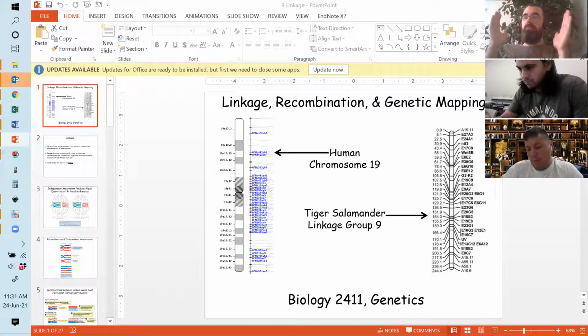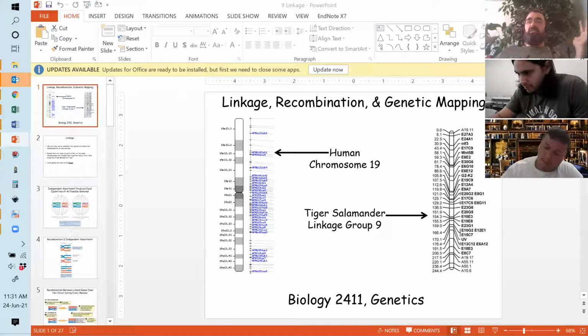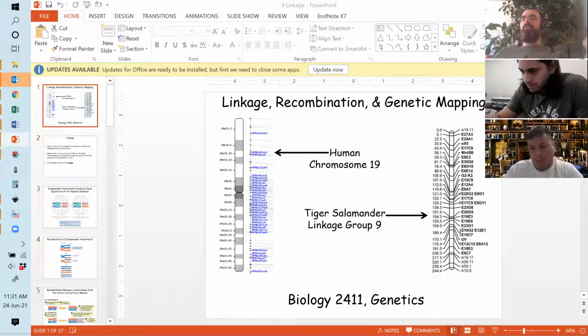If you have 1% probability in 100 kb, what's your probability of recombination in 10 lots of those? The probability is 1% in one lot.